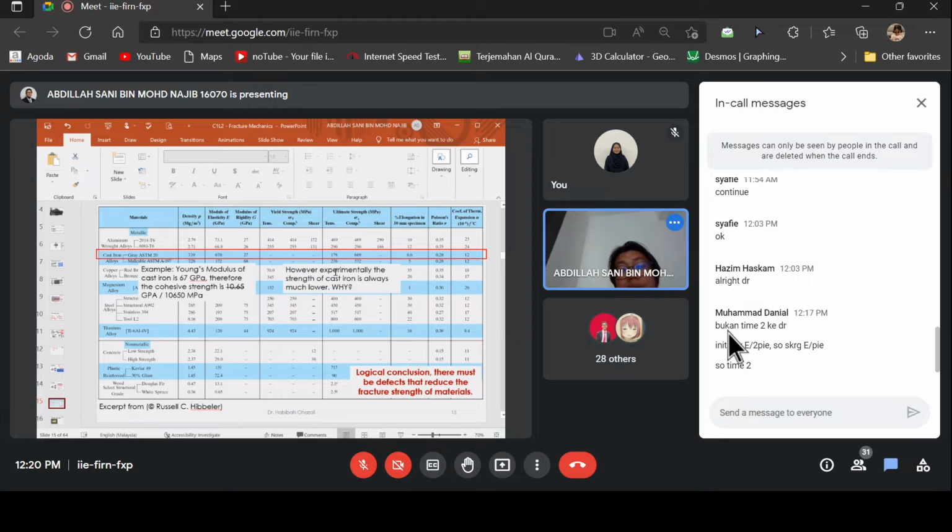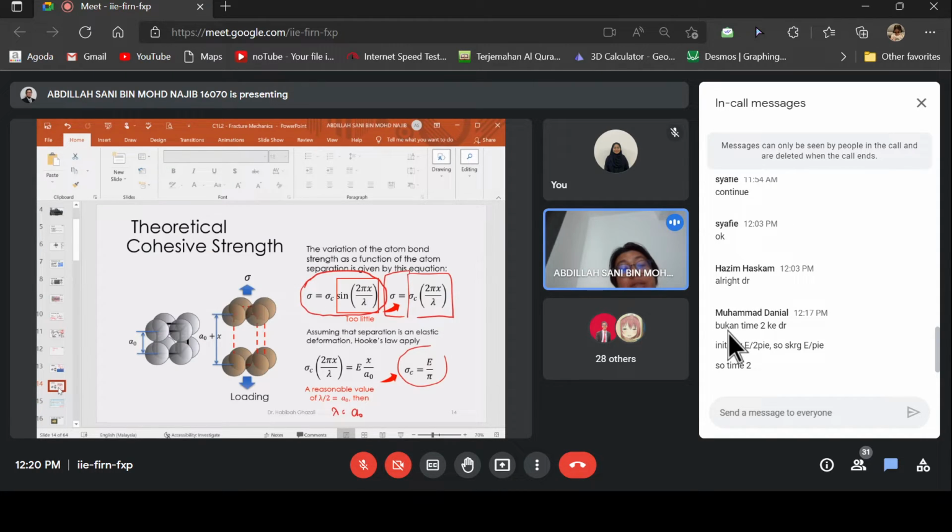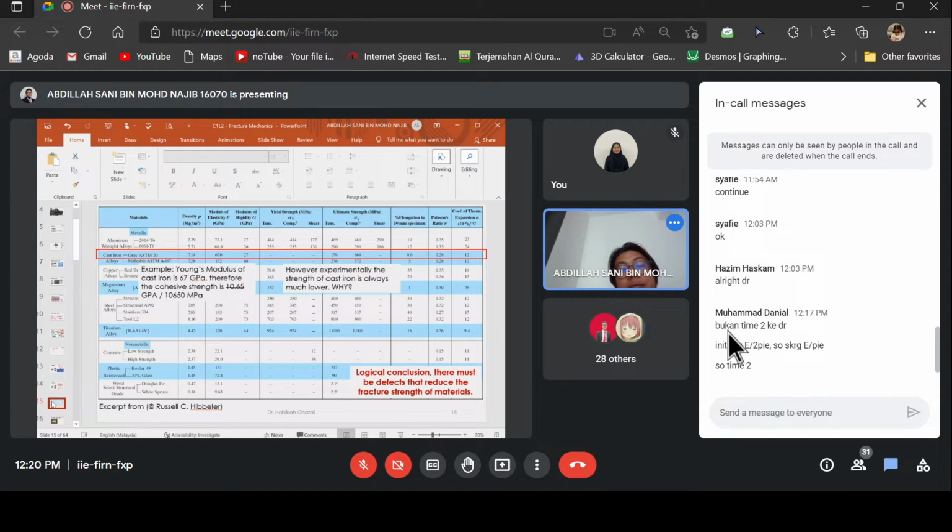So when we were talking about theoretical, we are taking things into perfection. There's no flaws, right? But in reality, the situation is not always like that. In materials, of course, there will be flaws.